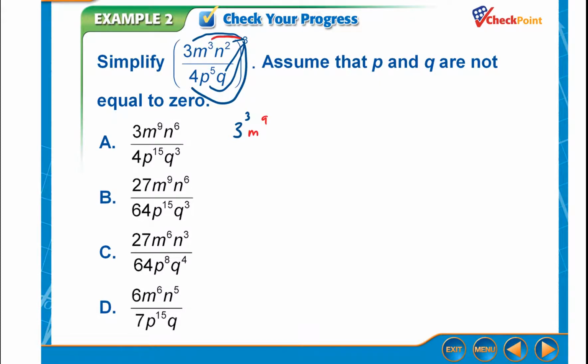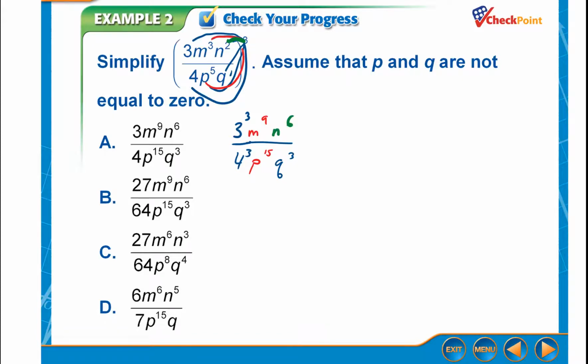N squared to the third becomes n to the 6th. Going down low, 4 to the 3rd. Distribute to all of these terms. P to the 5th to the 3rd. Multiply, so that's 5 times 3, which is 15. And then I have q to the implied first, q to the 1st to the 3rd, so 1 times 3, q to the 3rd.